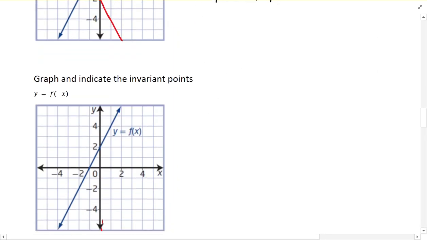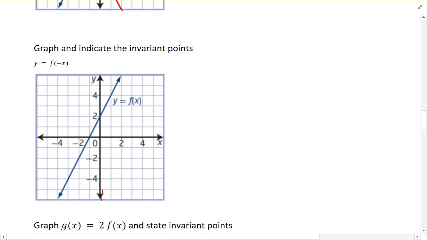Okay, with the next one, I'll do it with the shorter method. In this particular case, we have the negative affecting the input, so we know this time it is a horizontal reflection. Since we are flipping on the y-axis, instead of being here at negative 1, 0, we're going to flip it over to the other side so we know the point is there.